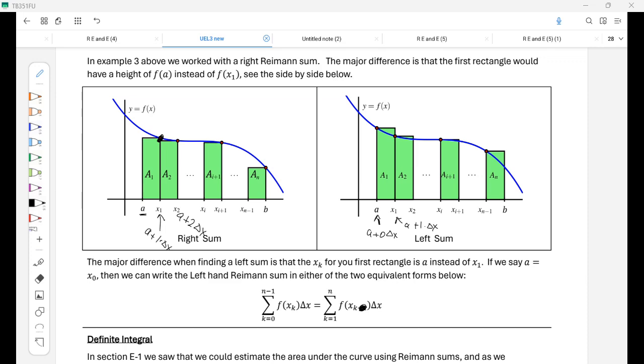So these numbers that I'm writing, this is the height of a1, this is the height of a2. So in a left sum, the coefficient in front of the delta x doesn't match which rectangle you're on. In the right sum, the coefficient in front of the delta x does match which rectangle you're on. Okay.